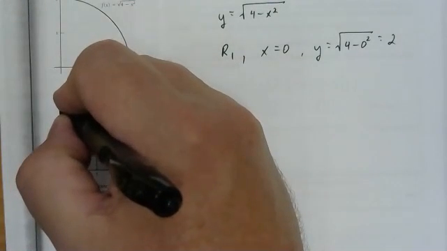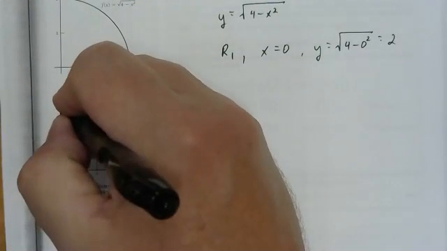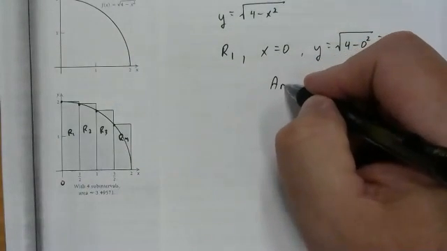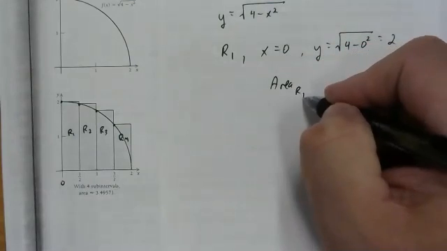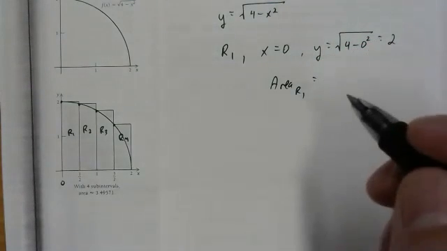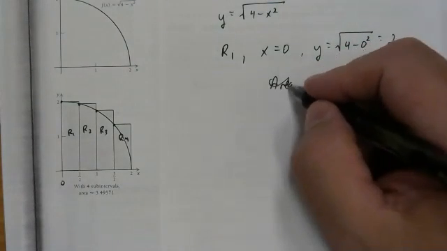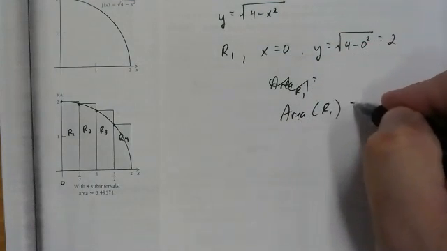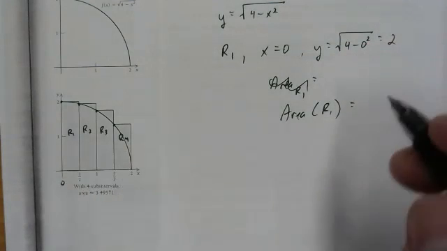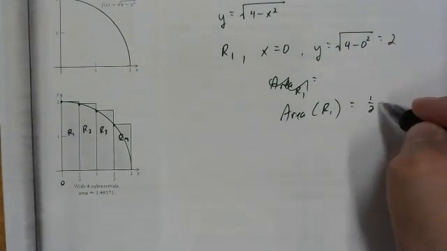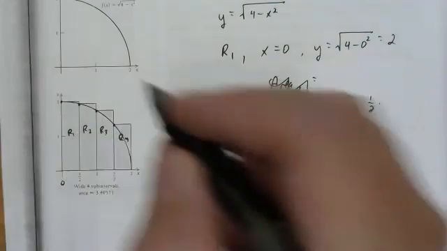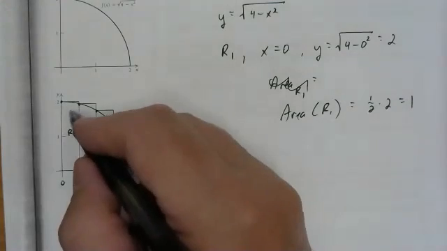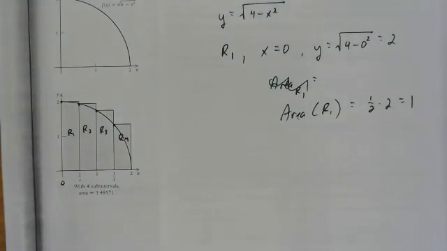So I know my first rectangle, the height is 2, the width is 1/2. So let's write it like this: area of rectangle 1 is 1/2 times the height, which is 2. The area of this first rectangle is going to be 1.